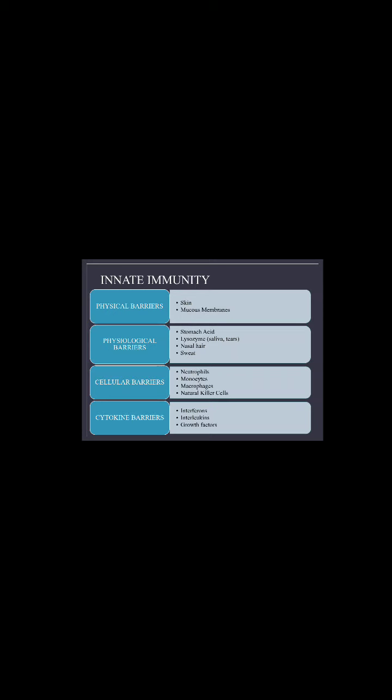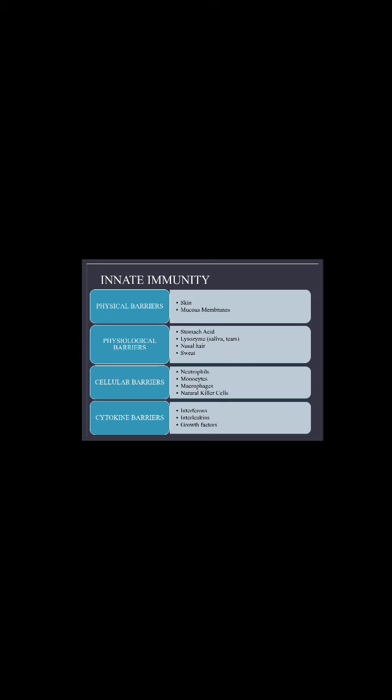Now third are cellular barriers. Cellular barriers, the first type, are neutrophils. Like we have studied just now, what are neutrophils? Polymorphonuclear leukocytes. What is their main function? They are the most numerous of all leukocytes. They die after a few days and they have to be continuously replaced.